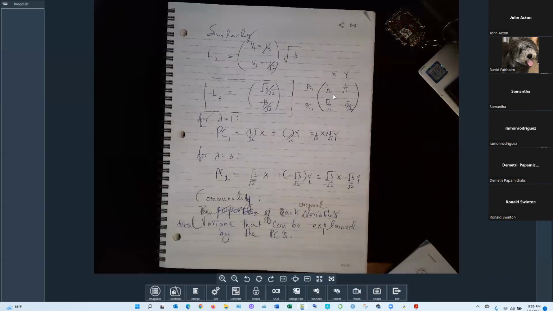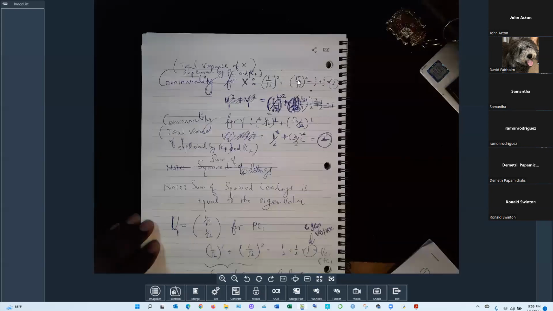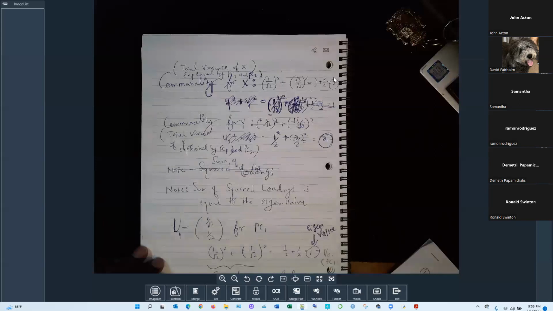We built up piece by piece and came to here, assuming that we have 2 original independent variables. So I go this way and see, for X, how much variance of X is explained by PC1, and how much by PC2. If you square those loadings in that direction, 1 over root 2 squared plus root 3 over root 2 squared, that becomes 2.